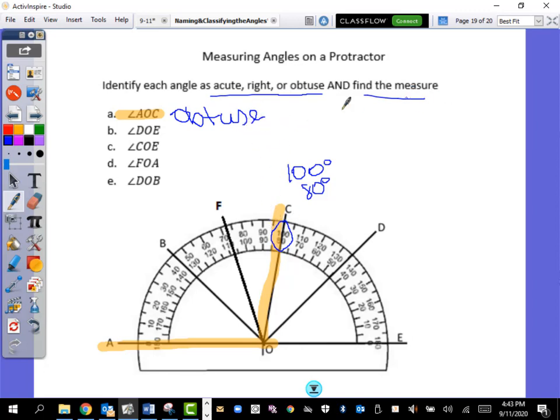And then to find the measurement, you know obtuse is higher than 90 degrees. So, is it 80 or is it 100? It is 100. So, angle AOC is measured 100.